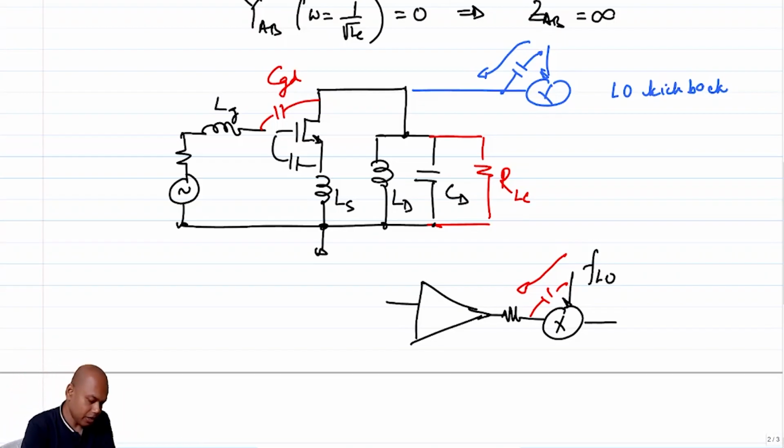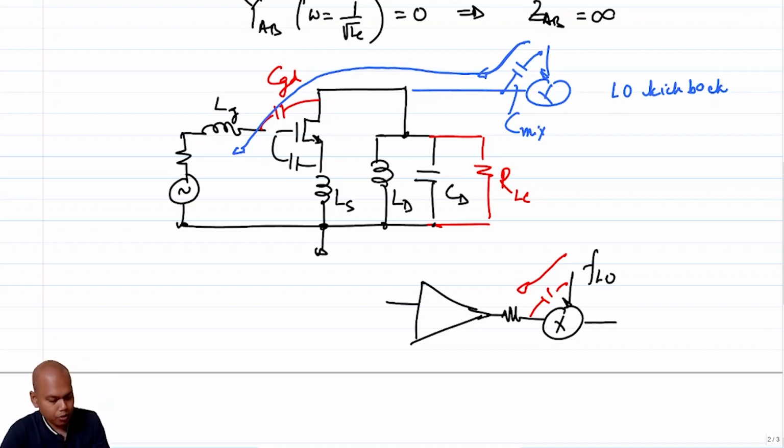Now, what can happen is, because of this feed through, if this is, let's say, C mix, then based on this capacitance ratio of C mix and CGD, this feed through can come all the way to the input port of the LNA, and it can be significantly high in amplitude with respect to the actual signal that you are receiving. So that can be a big problem.